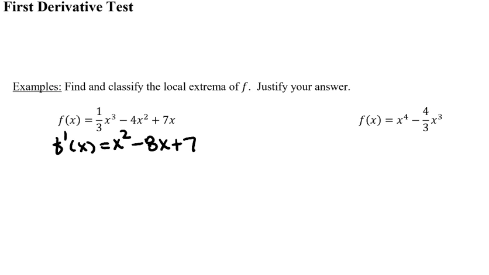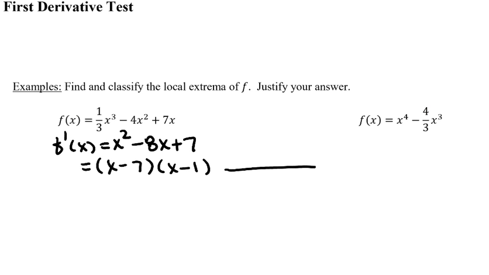And what does this derivative look like it wants you to do to it? Factor it, yeah, definitely. Sometimes when it looks like it needs to be factored, you just need to factor it. So here we are, and that's x minus 7 times x minus 1. And what I'm going to do now is draw kind of a bad sketch of this derivative.